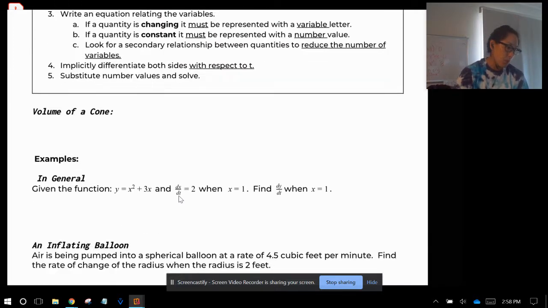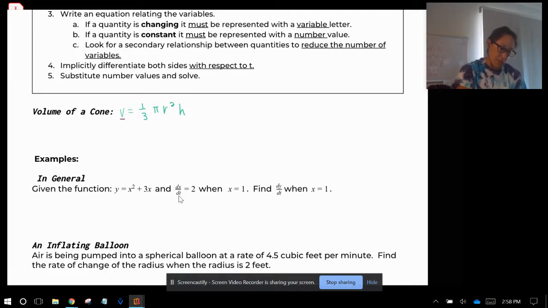So one thing, we're going to figure out the volume of a cone. So the volume of a cone is V equals 1/3 pi r squared h. And if we want to figure out the rate of the volume with respect to time, we're going to take a derivative.